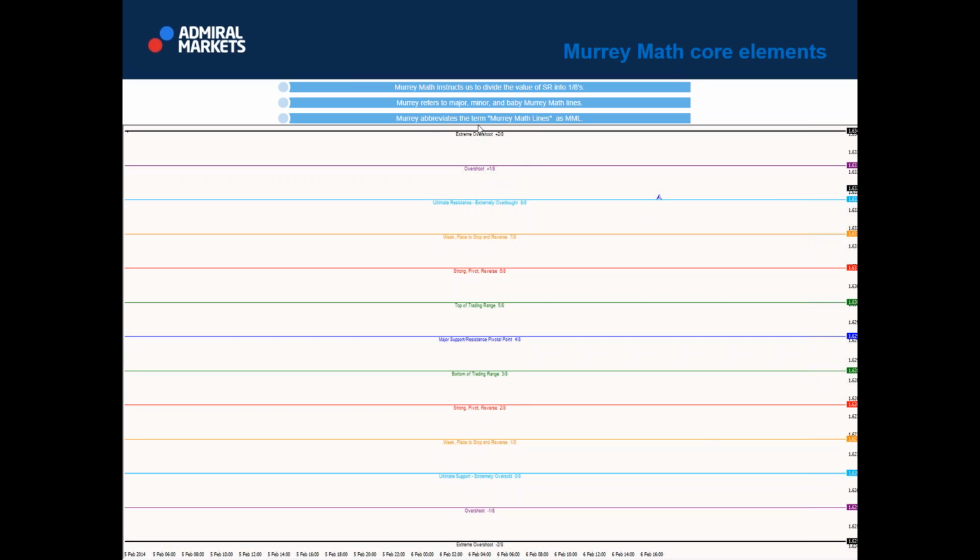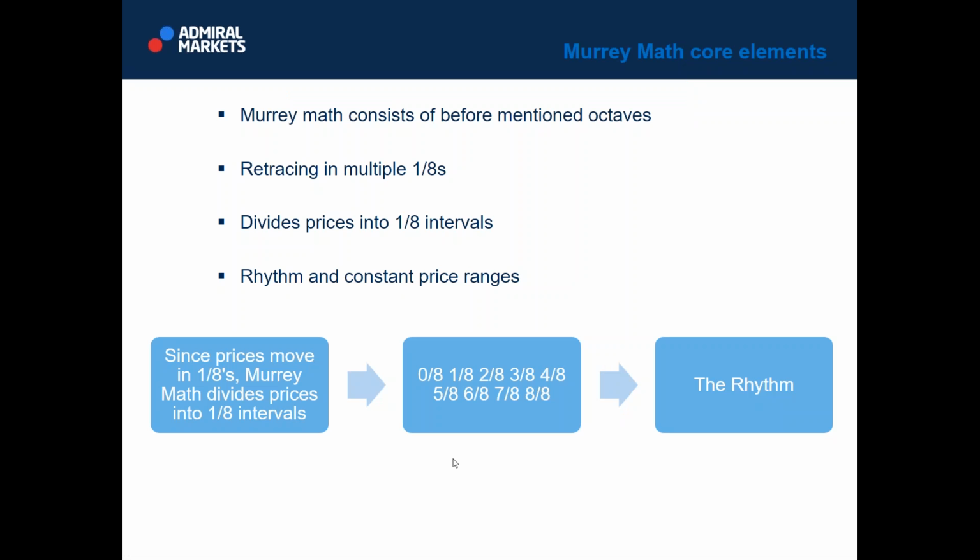Murrey abbreviates the term Murrey Math lines as MML. So Murrey Math for this webinar is MM, and Murrey Math lines are MML. Remember this: as long as the price is within 0/8 and 8/8, it is in the rhythm.